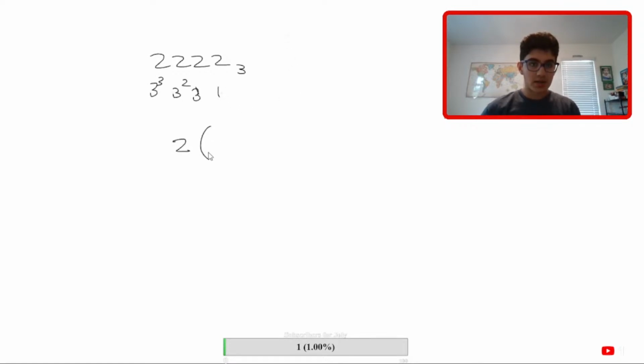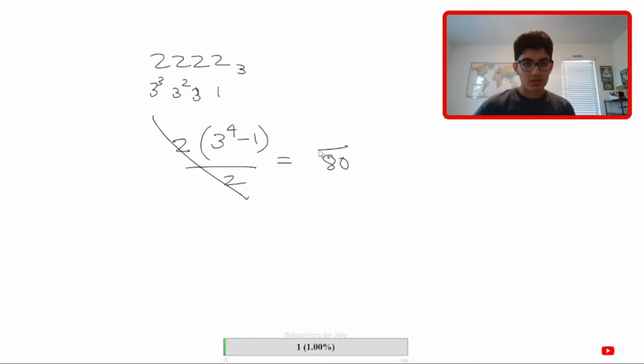So it's 2 times 3 to the 4th minus 1 over 2, which means that this should be... Am I doing the formula correctly? Yeah, I think I am. So that's just 80, right? 80. You can write 80 is equal to, well, let's see.